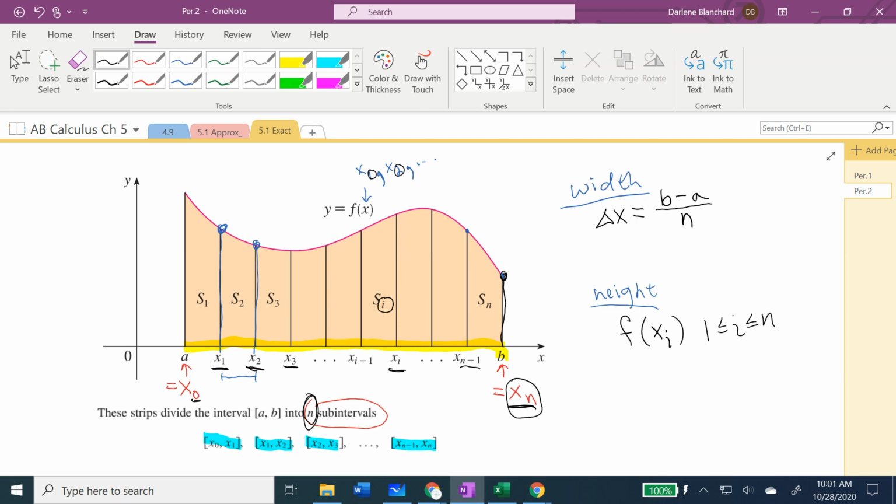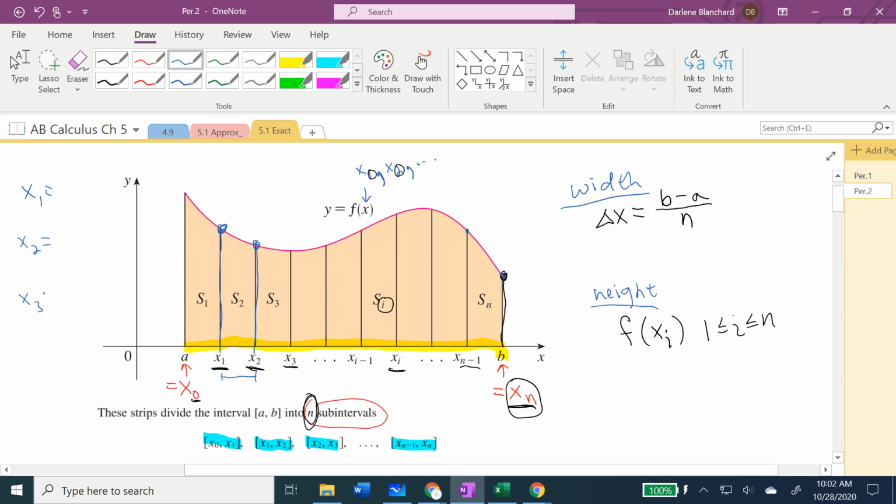Now, the next thing I have to do is figure out what a formula is for the ith x. So what we're going to do is first say, what is a formula for the first x? What is a formula for the second x?